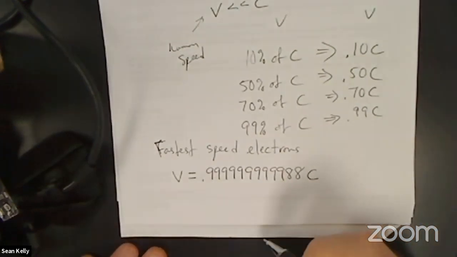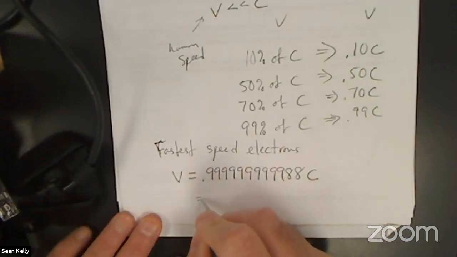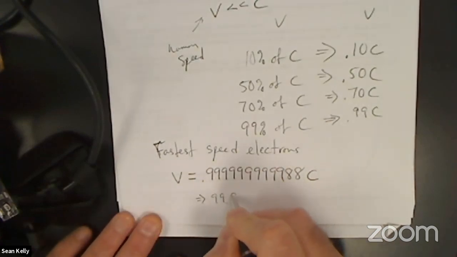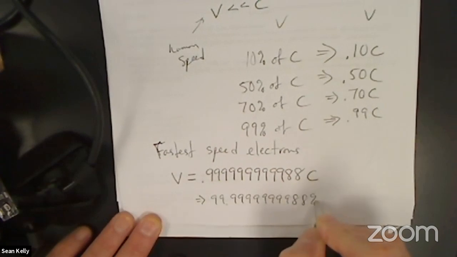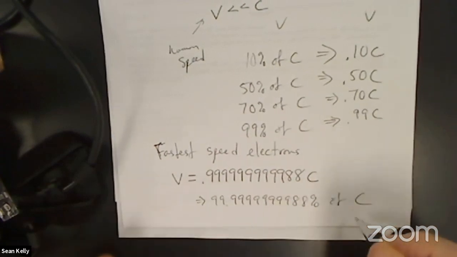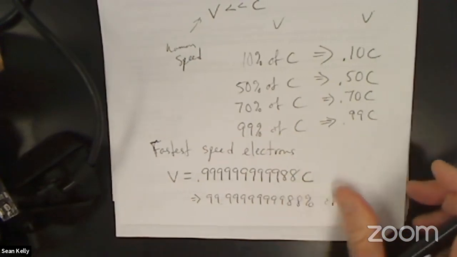So as you can see, they've gotten incredibly close to the speed of light, right? If I had to write this down, I would write 99.999999988% of c. It's not the speed of light, but it's incredibly close, just so you understand that. So human things, no. Electrons, yeah, we can go really fast, okay?